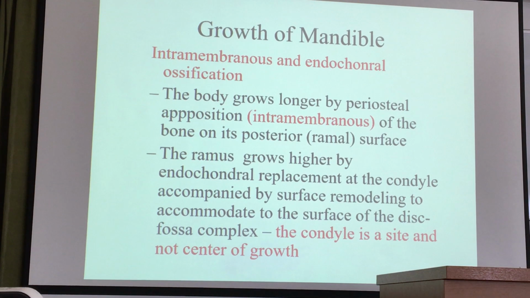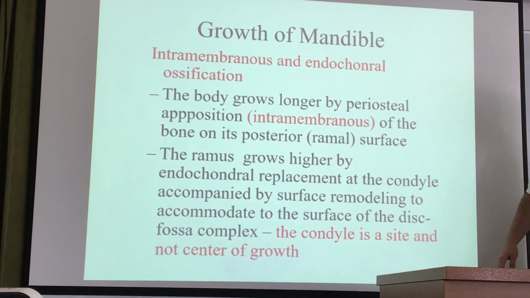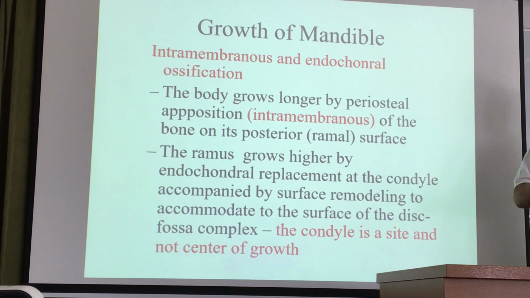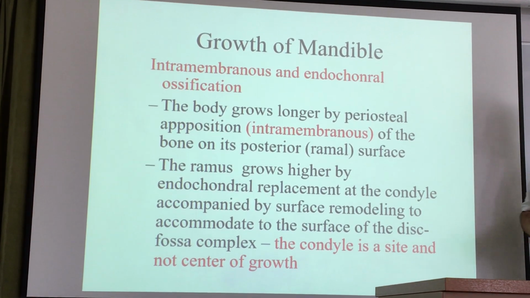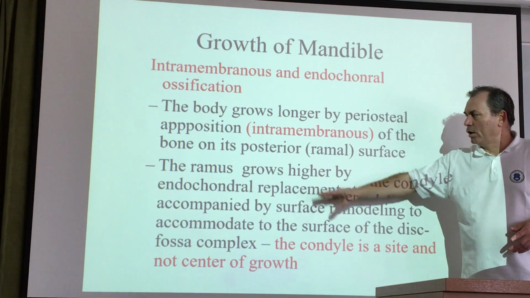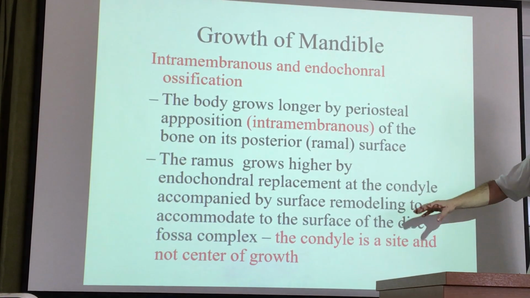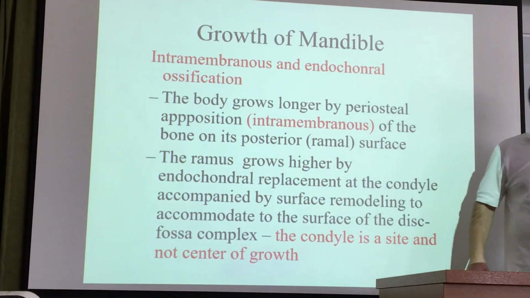And the mandible, again we have intramembranous bone formation in the body of the mandible and in the ramus, but the condyle of the mandible is a center, or the site, it is a better term, of endochondral bone formation.